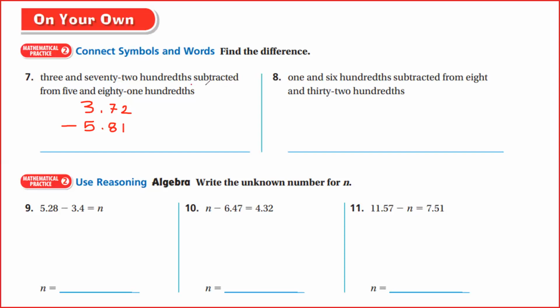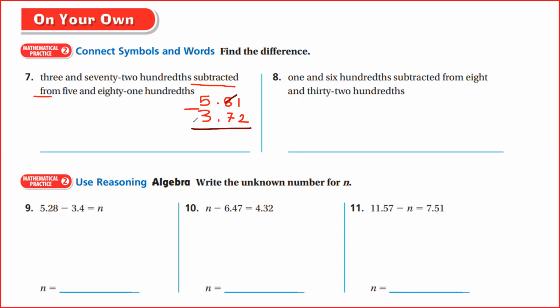So look at this one here. If you see "subtracted from", what does it mean? That means 5 and 81 will be first, because every time I subtract a small number from the big one, minus 3.72. Then next, what do you have to do now? Subtract, yeah. 2 minus 1 you cannot.